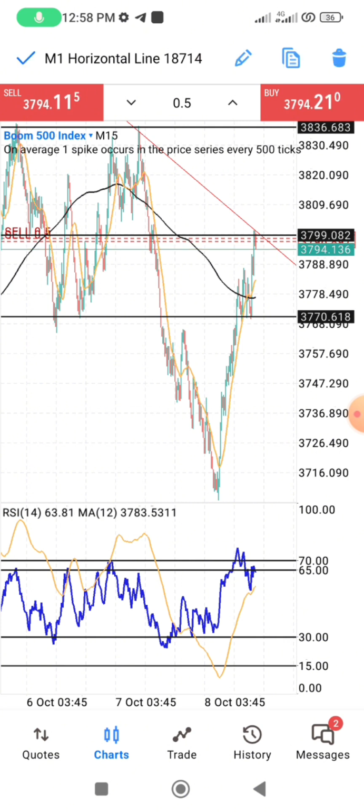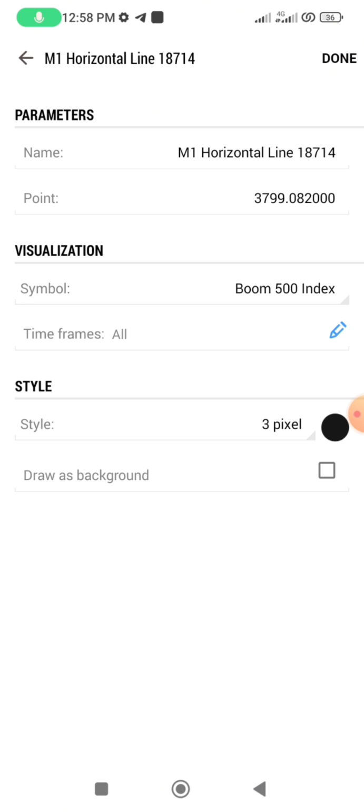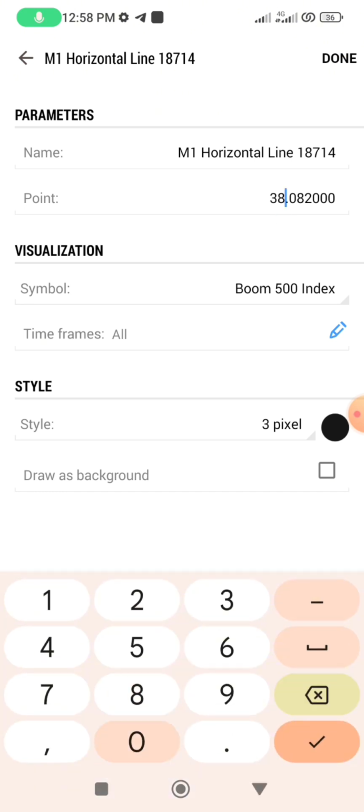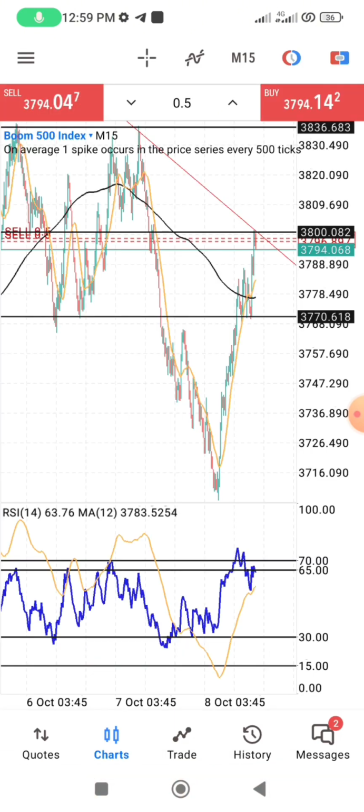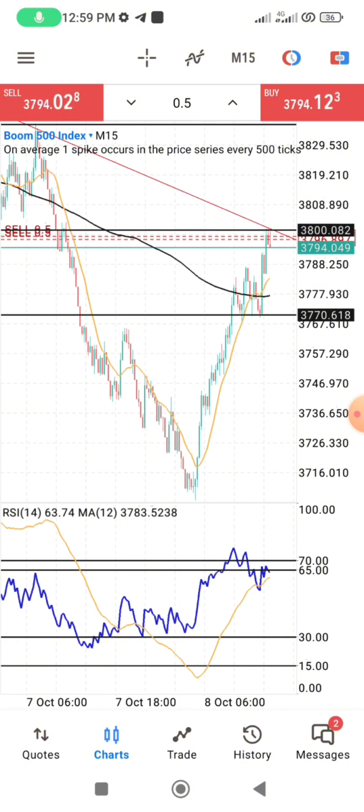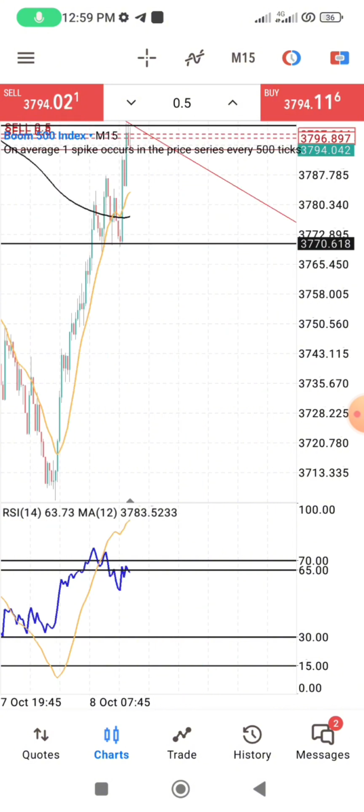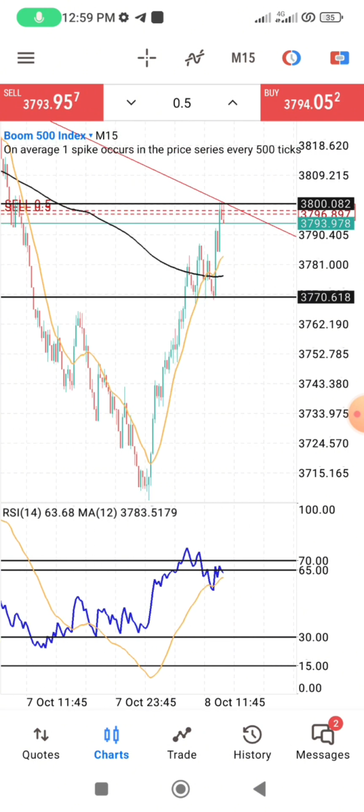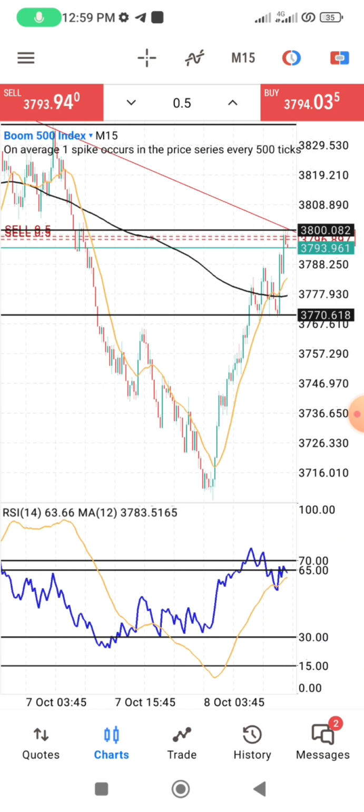That is this black line here. I can make it 800. I think that is a psychological level. You see that is where the price got to. Immediately the price touched it. It is a confluence, guys. That is a confluence with my trend line. So if I see something like that, I'm certain that I'm going for a good sell.